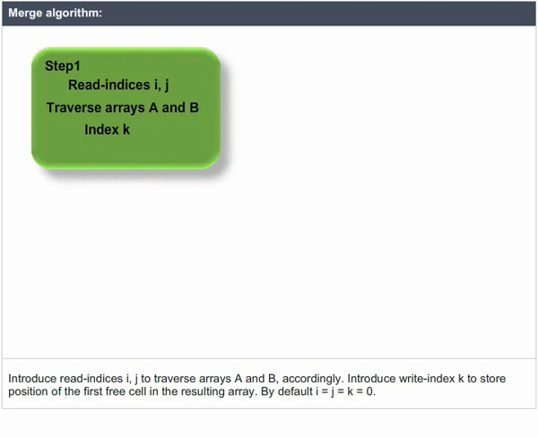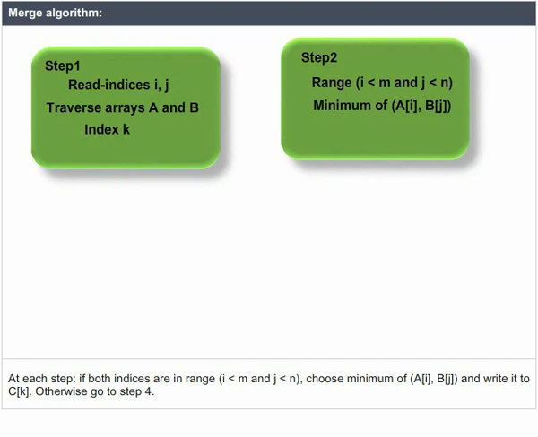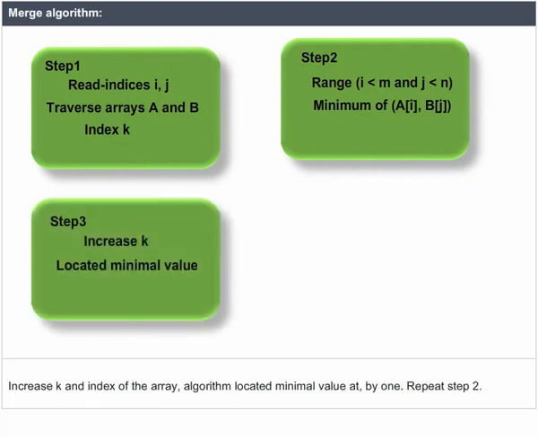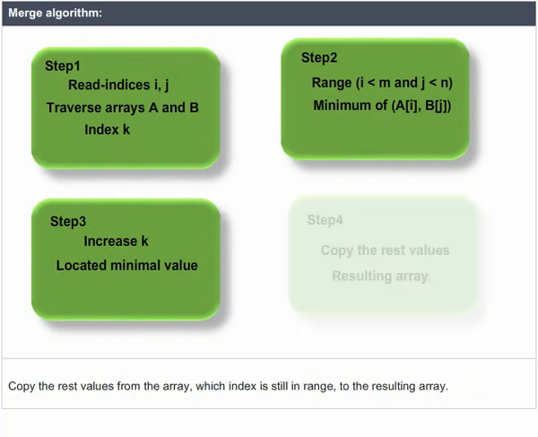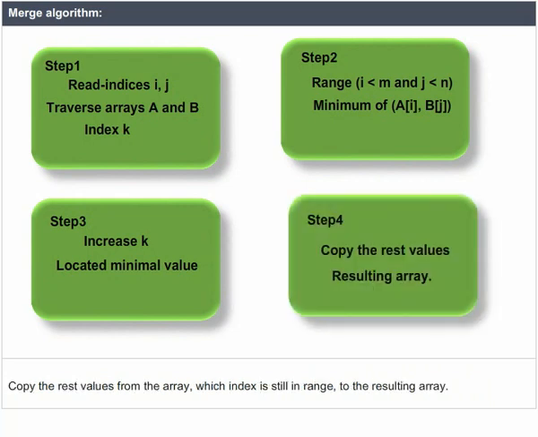At each step, if both indices are in range, i lesser than m and j lesser than n, choose the minimum of A of i, B of j, and write it to C of k. Otherwise, go to step 4. Increase k, an index of the array where the algorithm located the minimal value, by 1. Repeat step 2. Copy the rest of the values from the array whose index is still in range to the resulting array.